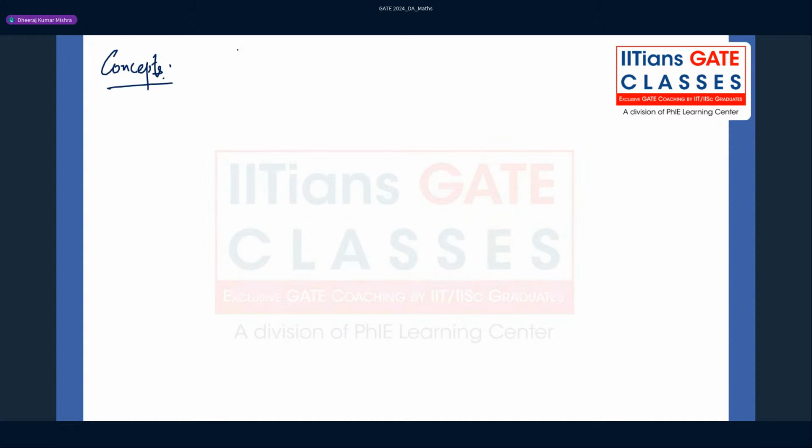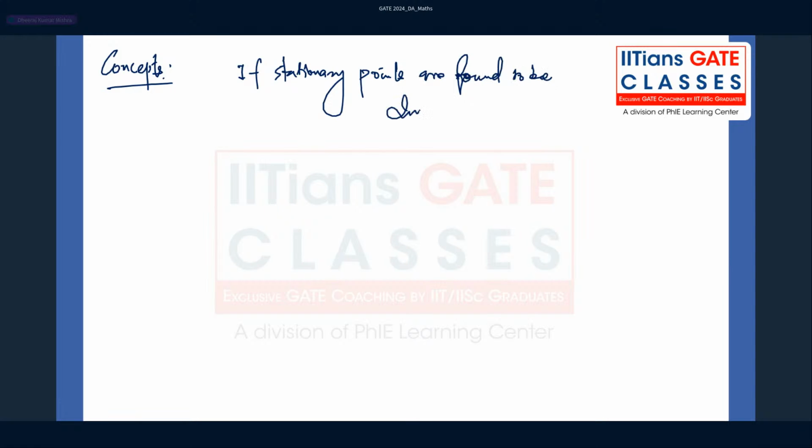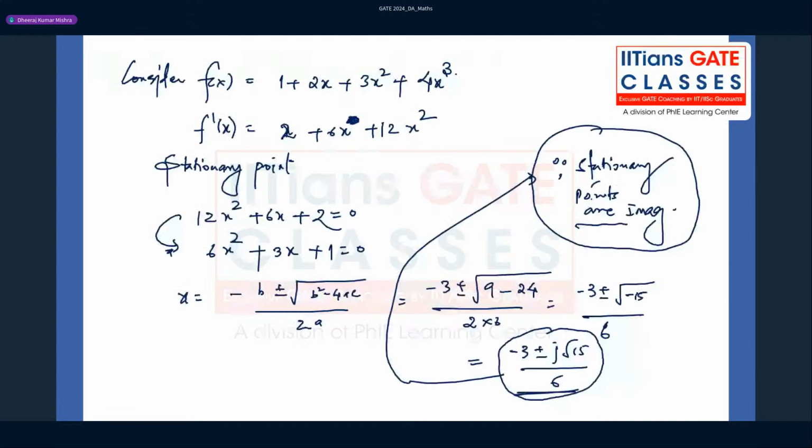The concept is, if the stationary points are found to be imaginary, then you can claim directly that there is no maximum and no minimum.